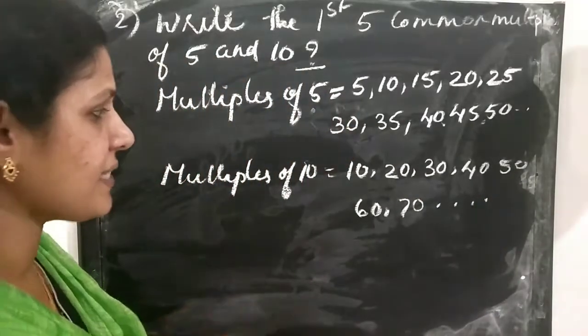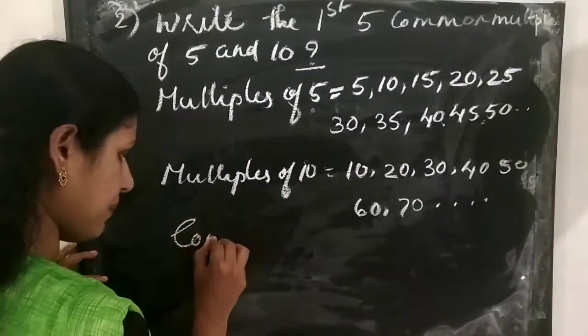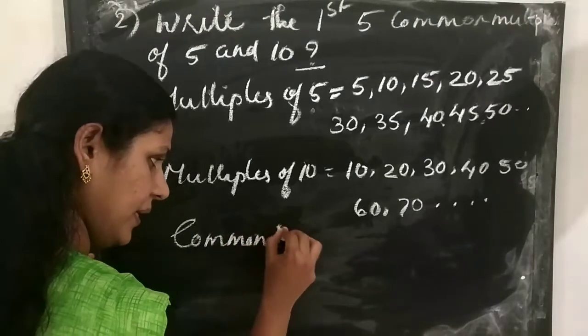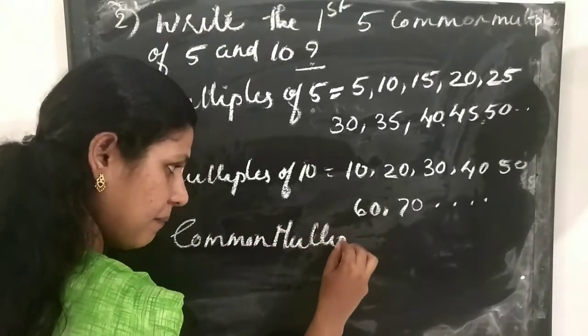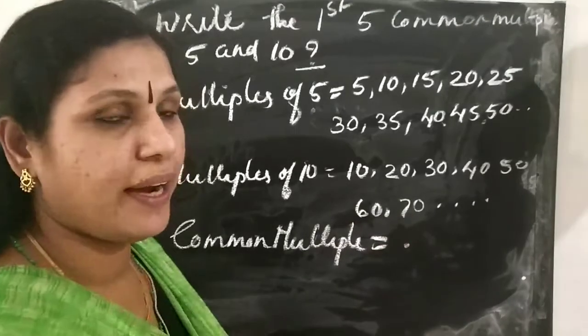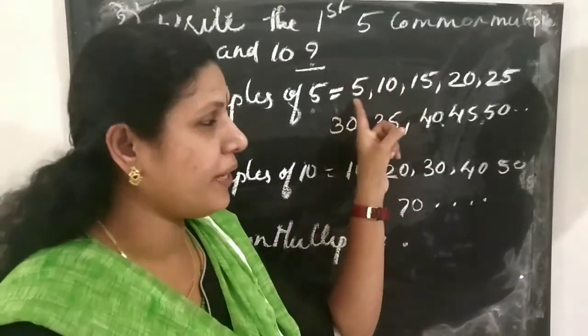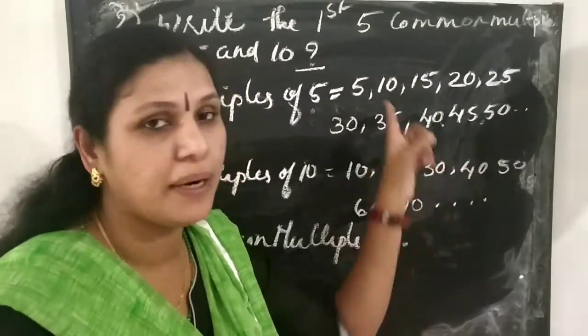Then next we need the common multiples. How to find them? We just draw a circle around the common numbers.